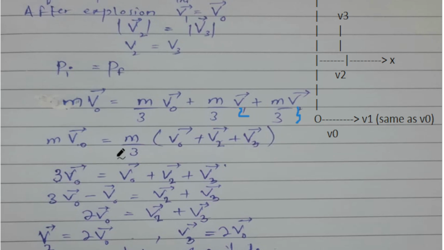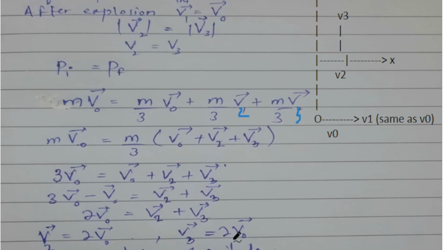Further you can see, now take the common m over 3 and cancel the same terms. You will get this equation. Now arrange the terms, subtract the values, and you will get 2v0, in vector form. Okay, so further you can see both are in the same form, so you have to consider them individually, equating this value with 2v0.